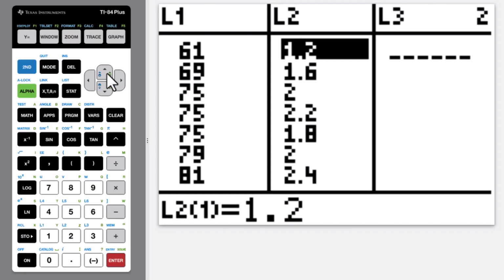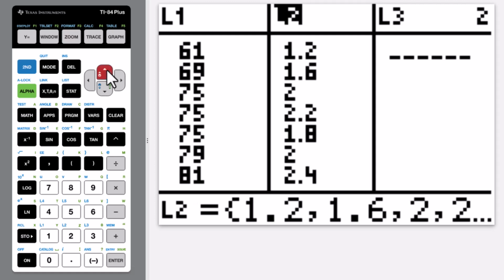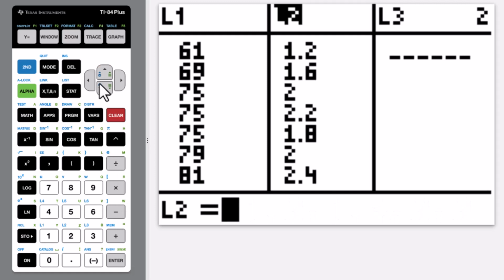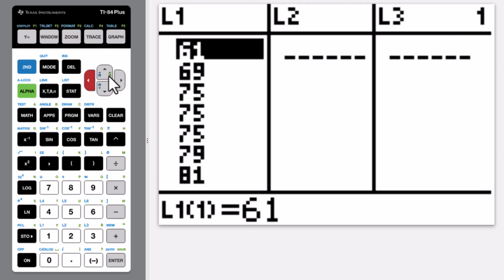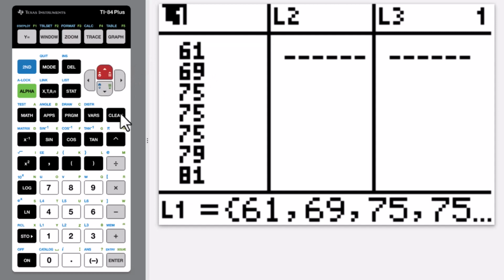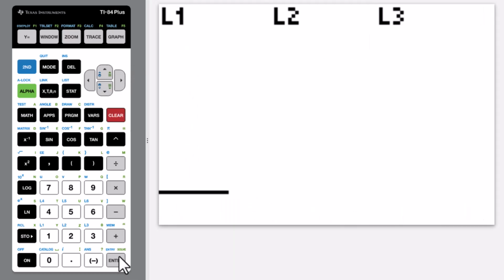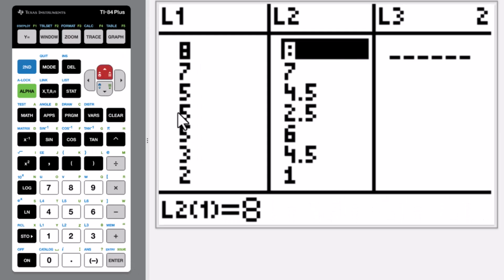We will clear L1 and L2. Highlight L2, clear, then go down. Same thing, highlight L1, clear, then enter. This time, you will put the rank for L1 and L2.